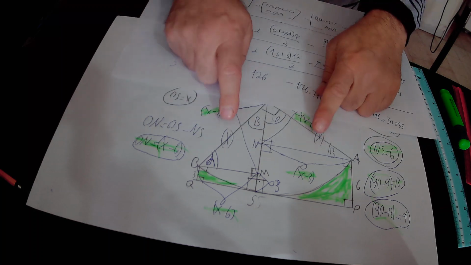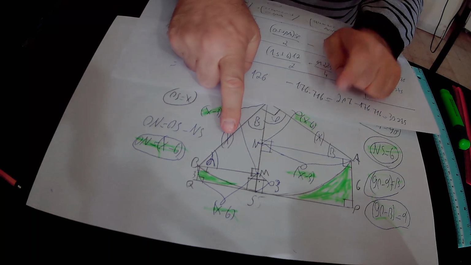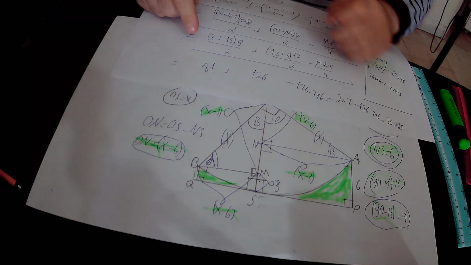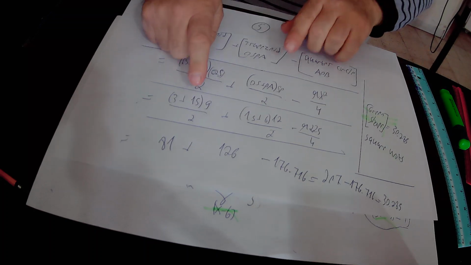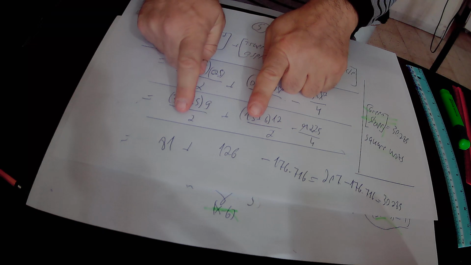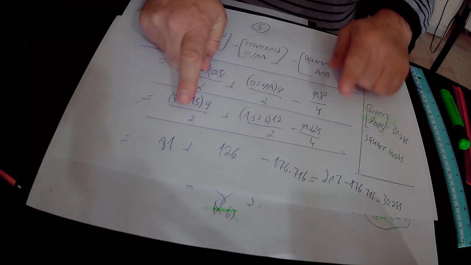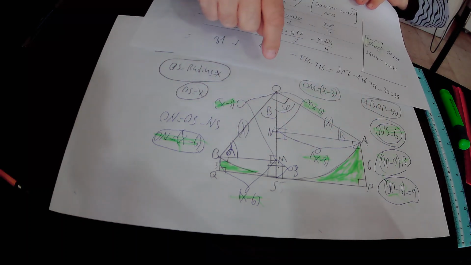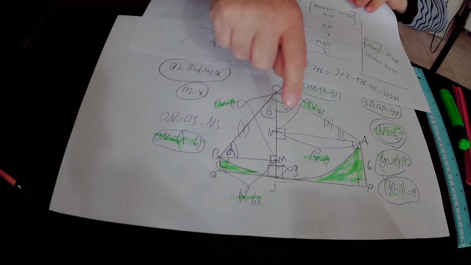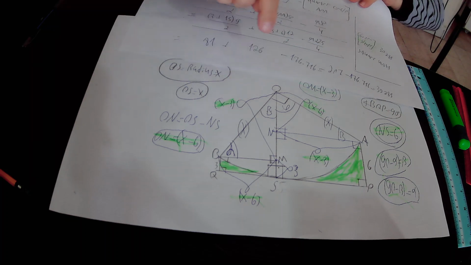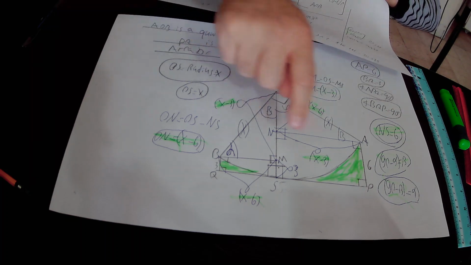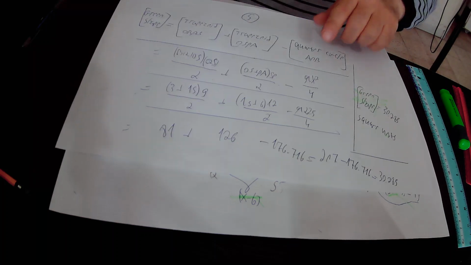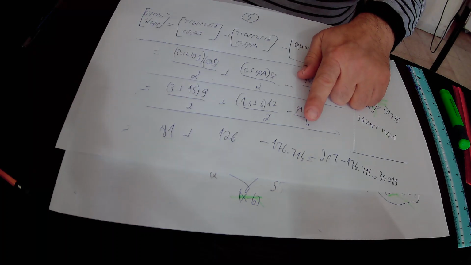So the sum of the areas of those two trapezoids will give us the area of the whole shape in total, and the sum of the areas of the two trapezoids is 81 plus 126, that is 207. So the area of the two trapezoids is 207 square units. That is actually the area of the whole shape in total, minus the area of the quarter circle AOB, which equals 176.716.